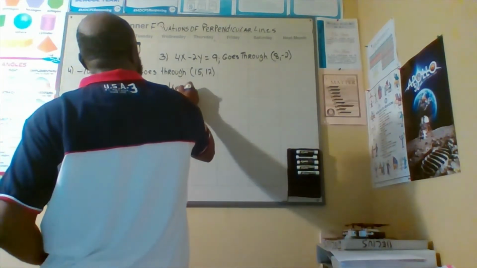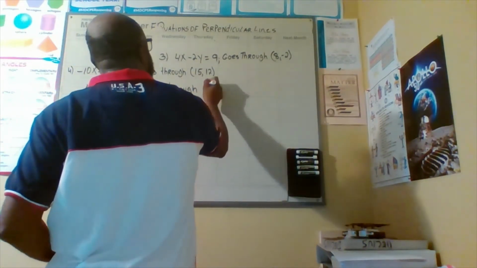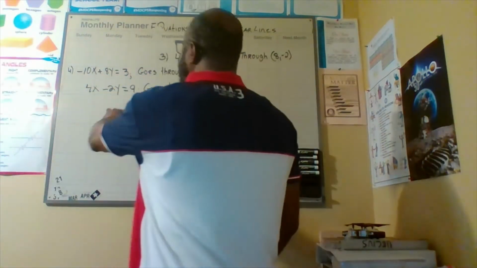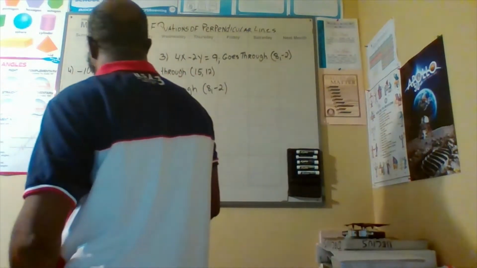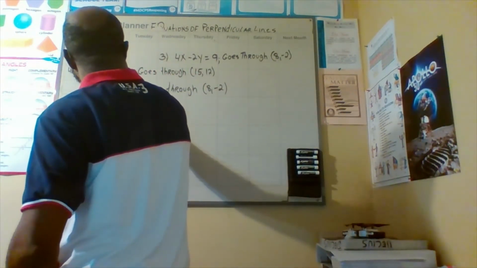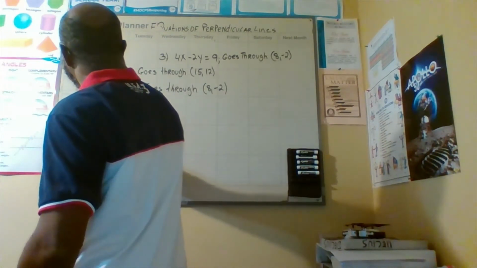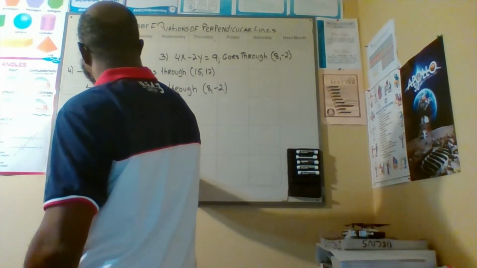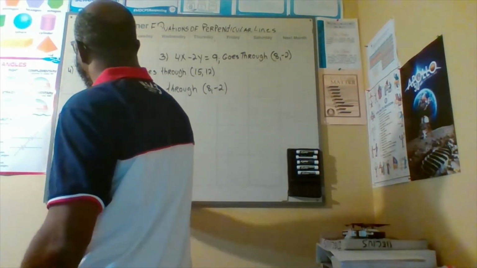Then you will have 4x equals 2y plus 9. Then subtract 9 on this side. Then you will have 4x minus 9 is equal to 2y. Divide by 2. Divide by 2. Then you have y equals 2x minus 9 over 2.